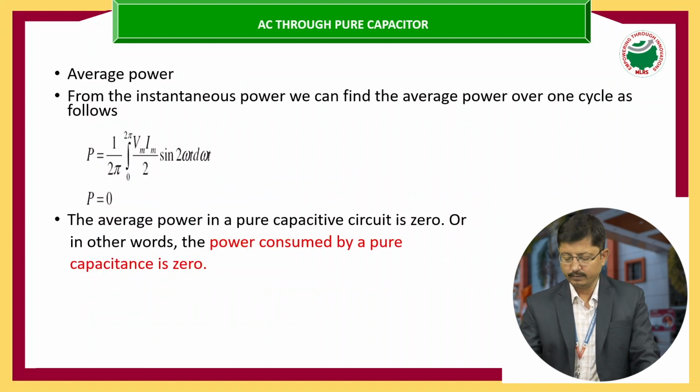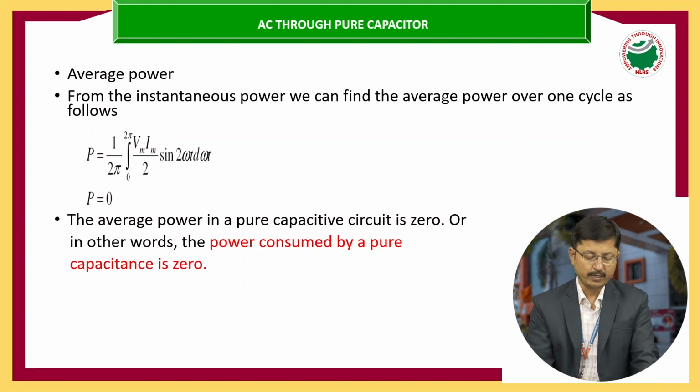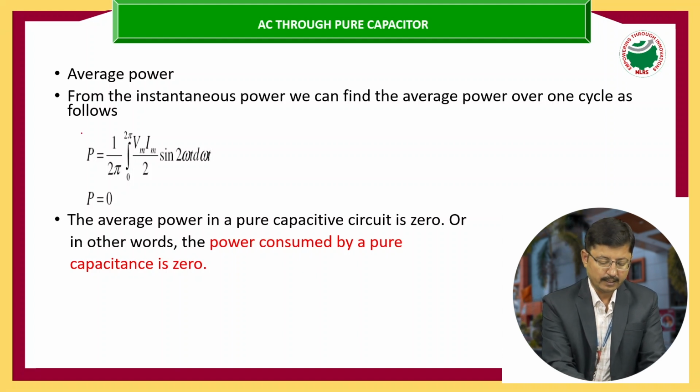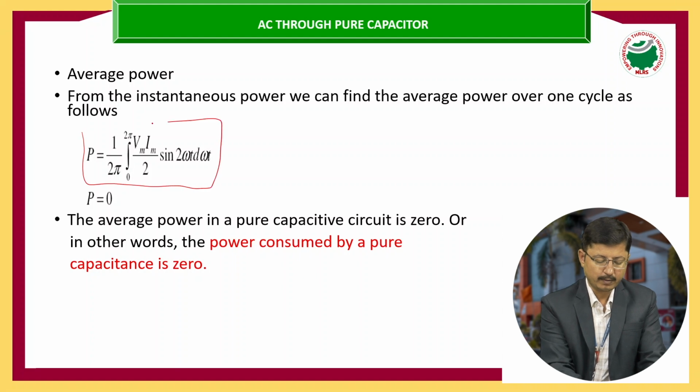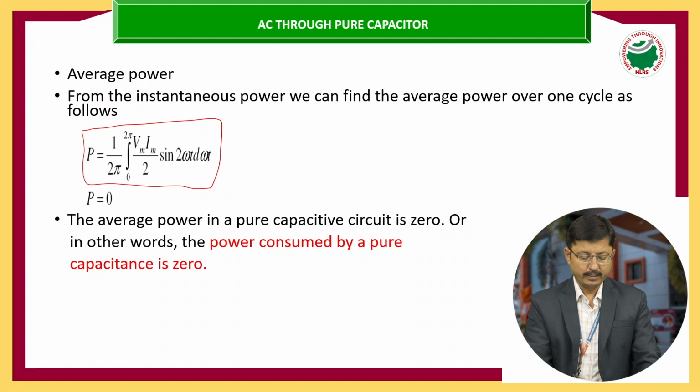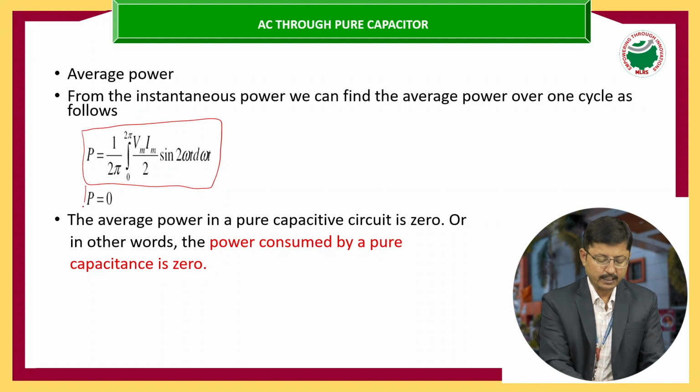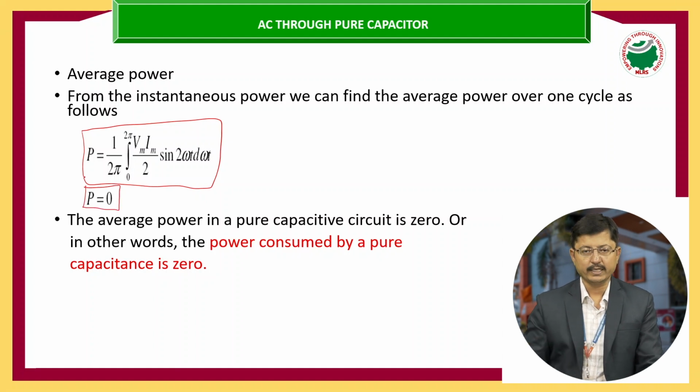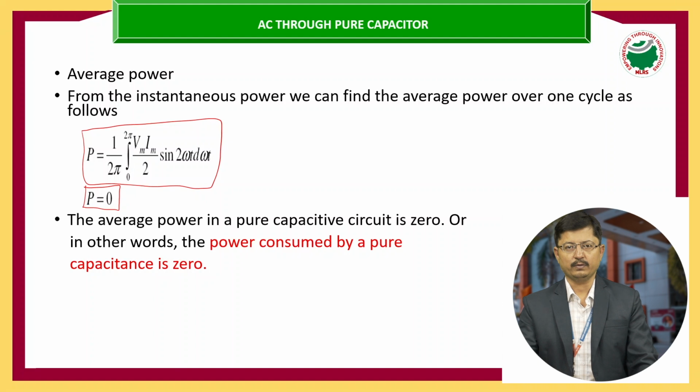Now the average power. From the instantaneous power, we can find the average power over a complete cycle. The power P equals 1 by 2 pi integral from 0 to 2 pi of Vm Im by 2 into sin 2 omega t d omega t. After solving, the average power consumed by the capacitor is equal to 0.